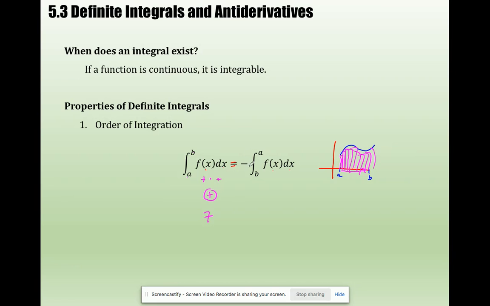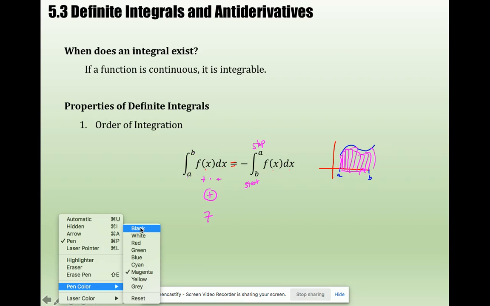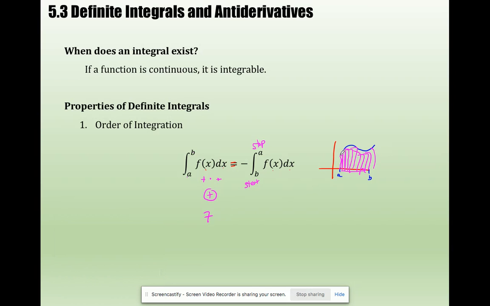Well, notice what this says. This says start at B and stop at A. What does that mean? You have the same rectangles under there, but you're moving through the domain backwards. When you're going along a domain horizontally and you're going left, what sign do we use with going left?